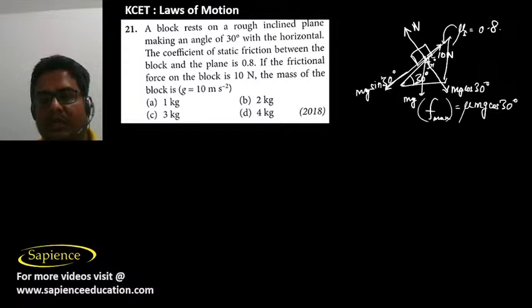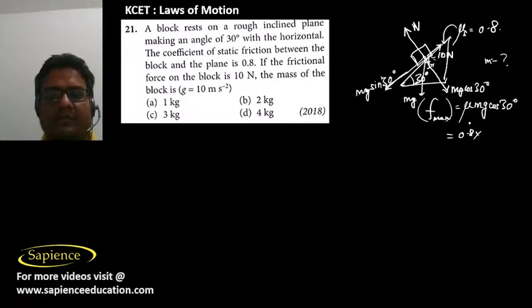Since the block cannot move in the direction perpendicular to the inclined plane, n will be equal to mg cos 30. So mu is 0.8 into m, the mass of the block, which is what is asked.